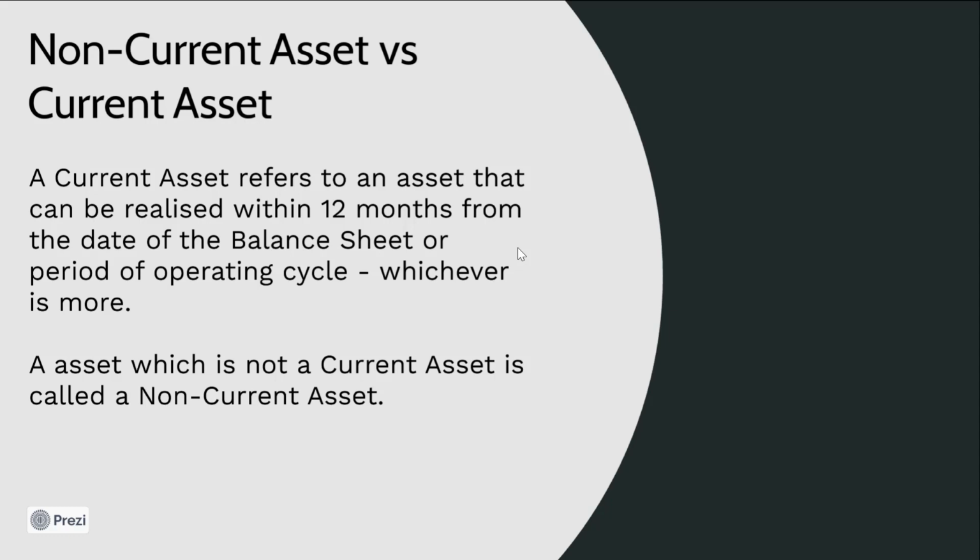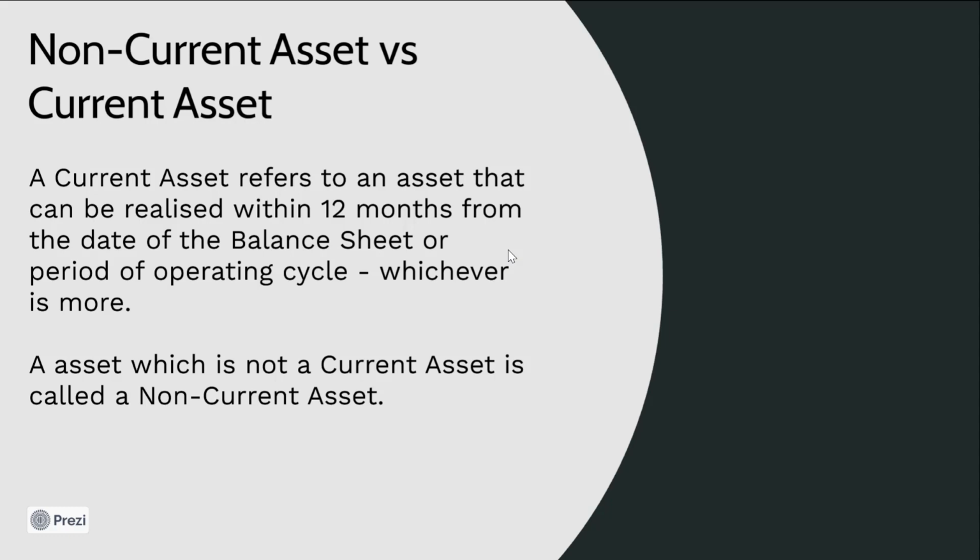And an asset which has to be realized within 18 months of the date of the balance sheet will be a current asset, and an asset which will be realized after 18 months from the date of a balance sheet will be a non-current asset. And again, where the operating cycle is less than 12 months, let's say 10 months, then the limit will be 12 months or 10 months, whichever is greater, and therefore will be 12 months.